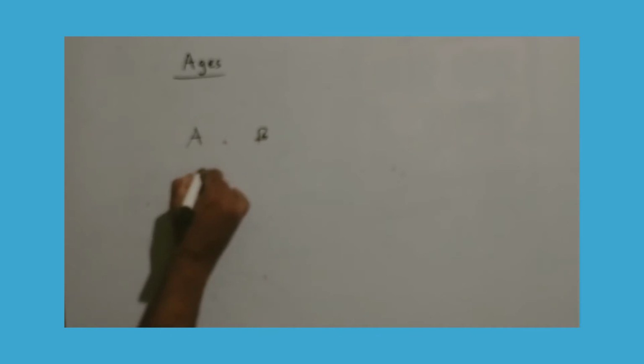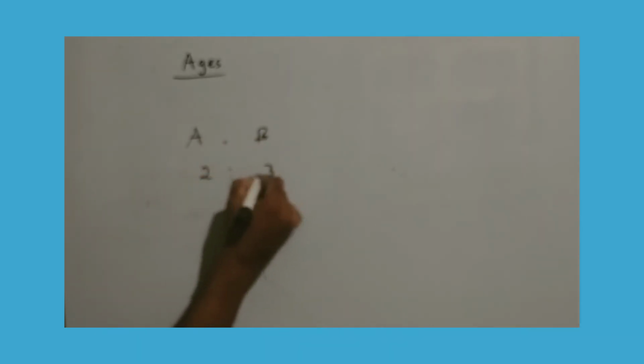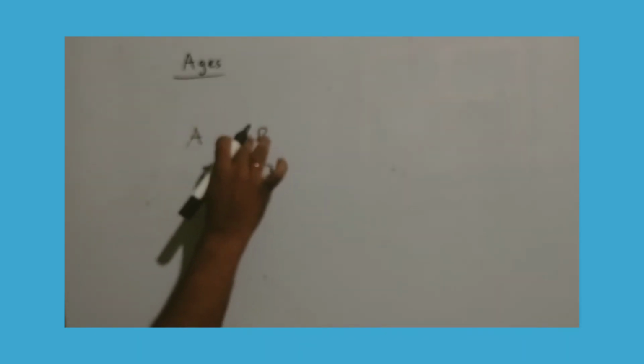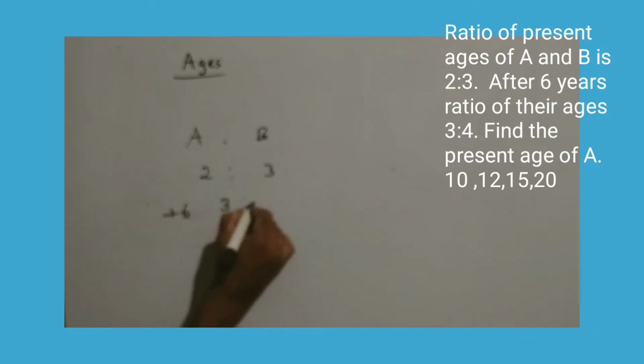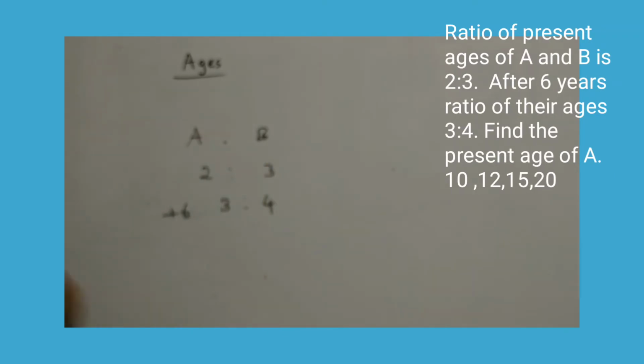A is to B ratio, I am doing directly, 2:3. After 6 years, plus 6, the ratio becomes 3:4. Percentages 2:3. After 6 years, 3:4.